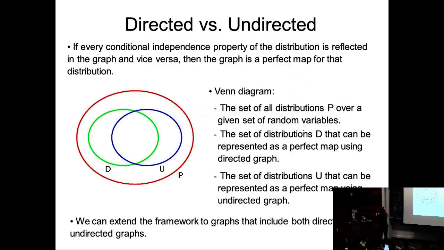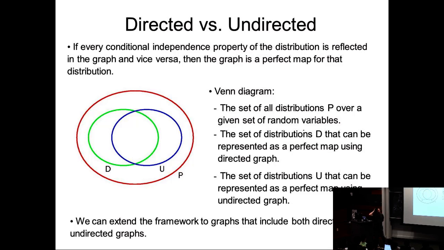And think of this Venn diagram, the space of all possible distributions you can characterize. There is a subset that corresponds to directed graphs. There is a subset that corresponds to undirected graphs. There are certain distributions that can be modeled by either one, and there are certain distributions that can't, right? So for the Venn diagram, you have a set of all distributions P over the given set of random variables.